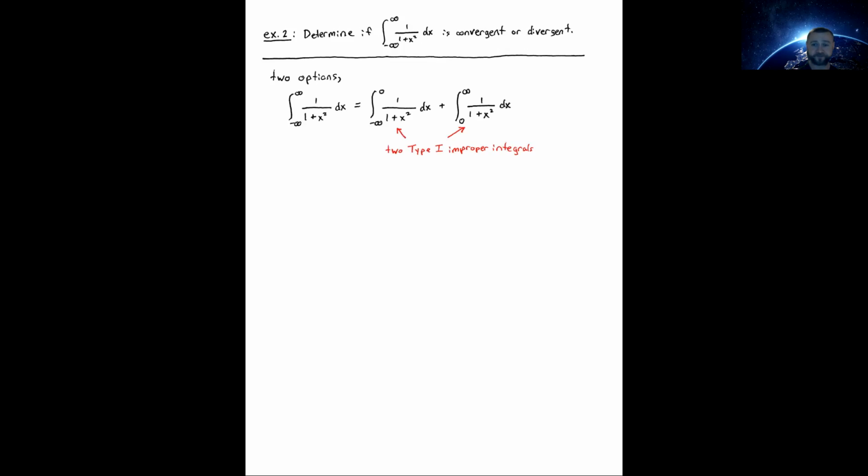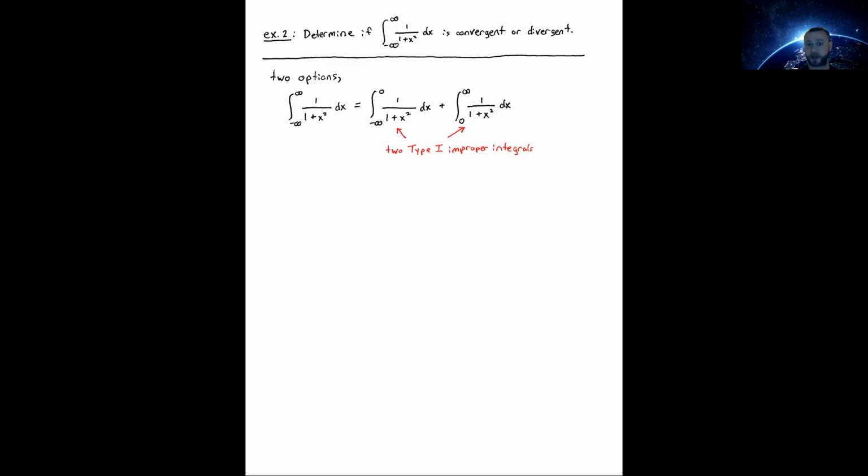One option is, while this is an improper integral, there's infinities in the limits. It's a doubly infinite improper integral. It goes from negative infinity to infinity. So we could split this up from negative infinity to 0, and then another integral from 0 to infinity. And now we have two type 1 improper integrals.